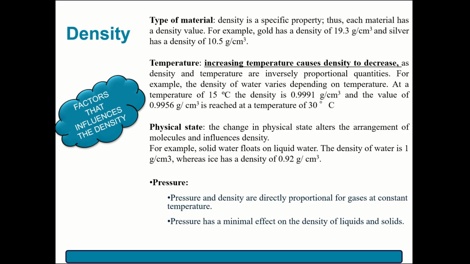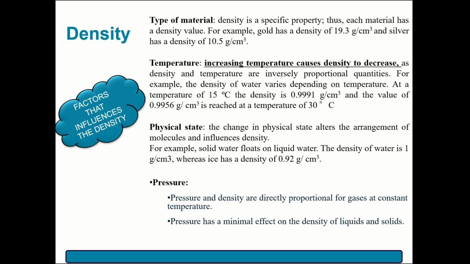Physical states. So we will alter the arrangement of molecules. Remember this, the ice. So when you have ice water and you have liquid water, so it's solid and liquid, the ice floats in the water. That means the density got lower, right?